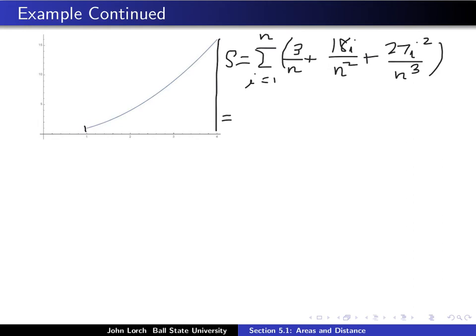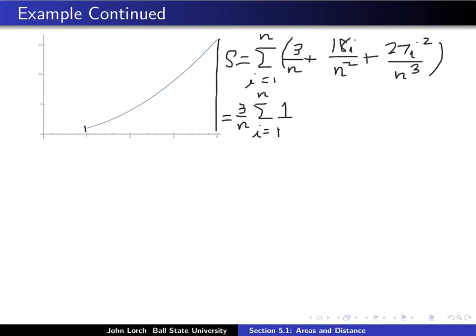And you might notice that these quantities 3 over n, 18 over n squared, those things don't have anything to do with i, and so we could factor them out in front of the sums. So we could write this actually as 3 over n times the sum i equals 1 to n of 1.